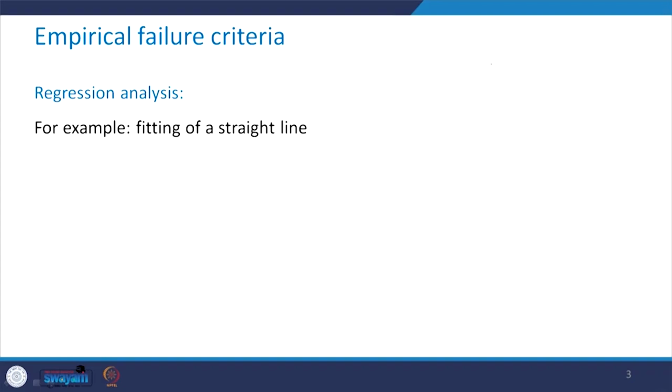Please see here that I have x on the x axis and y on the y axis. Say these are some data points which we already have.